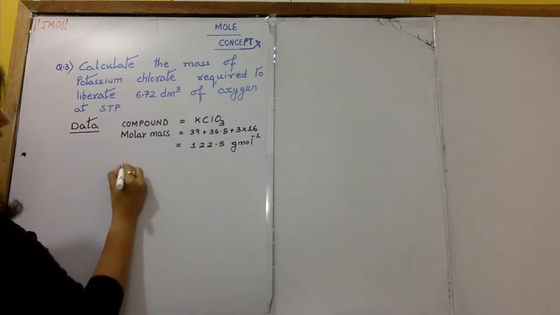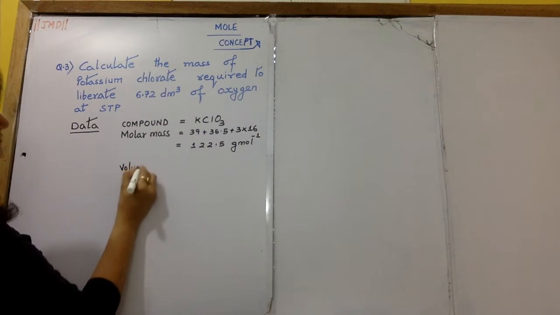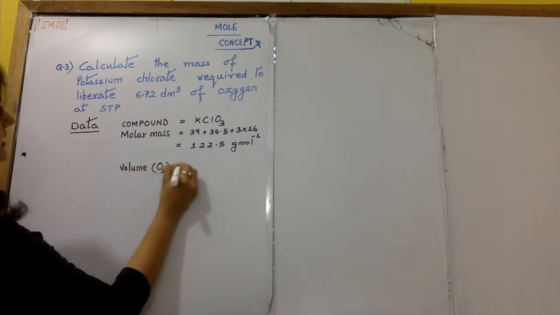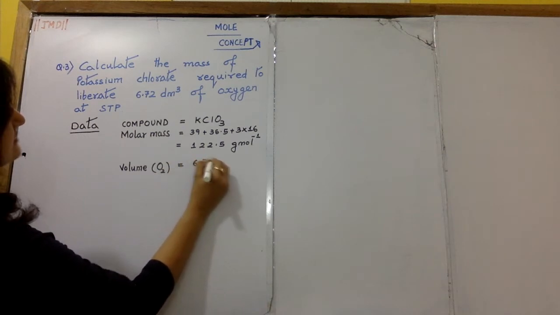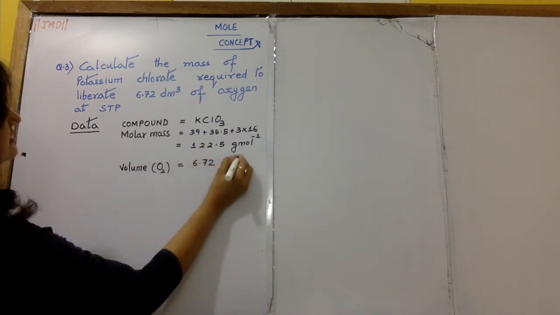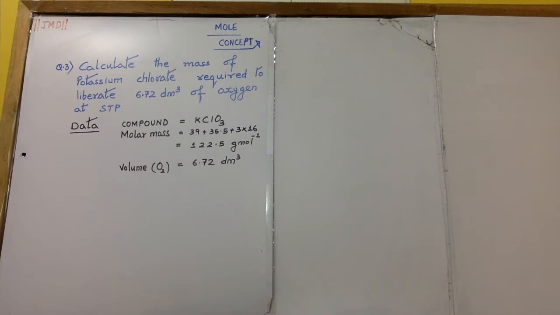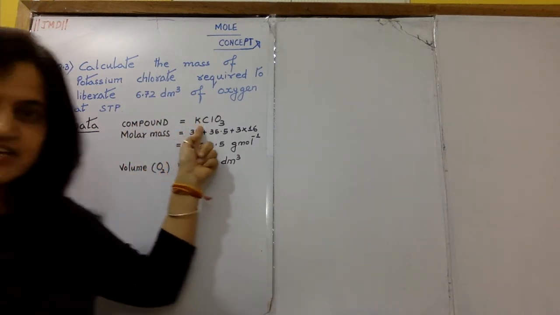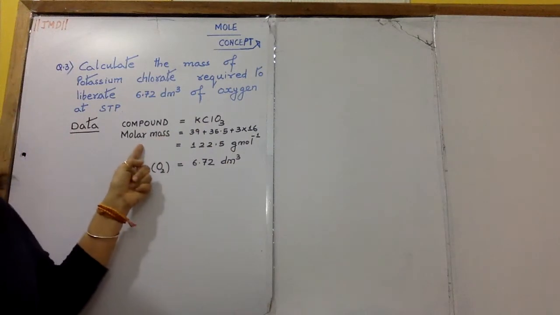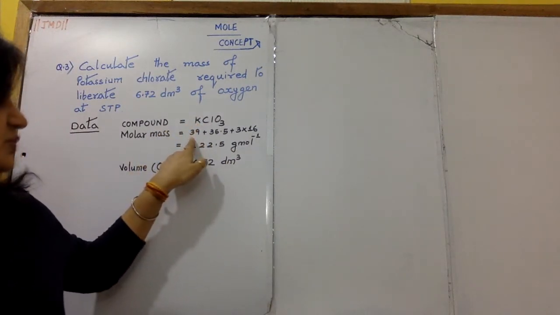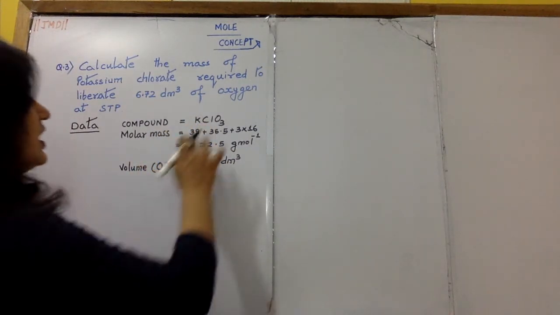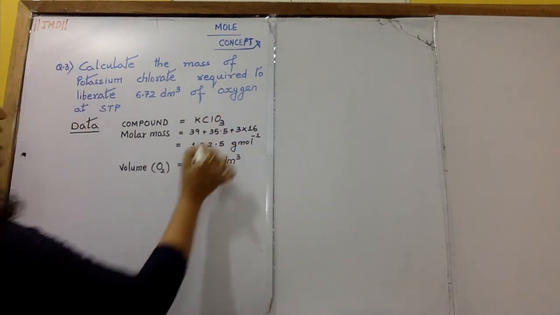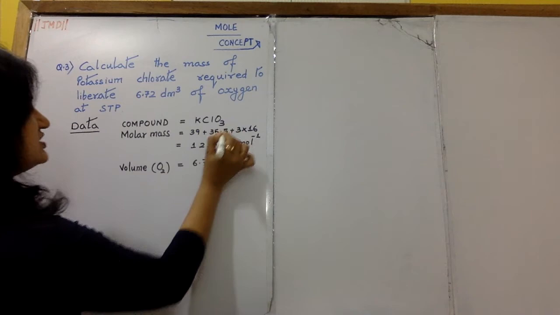Then we have the volume of oxygen gas, and that's 6.72 decimeter cube. So the compound is potassium chlorate, that is KClO3. And for molar mass, potassium we substituted 39, chlorine is 35.5 and oxygen is 16.